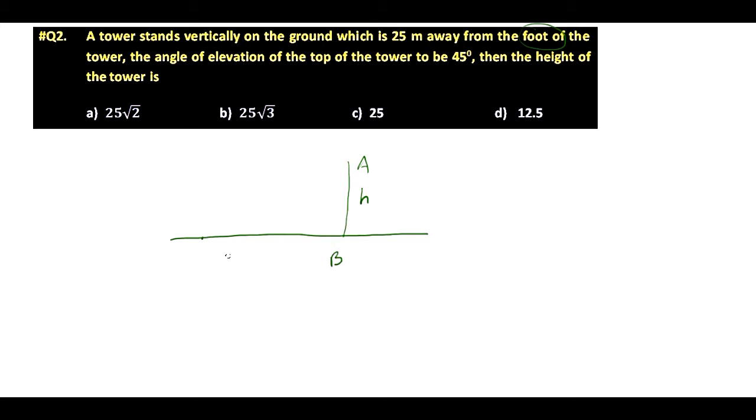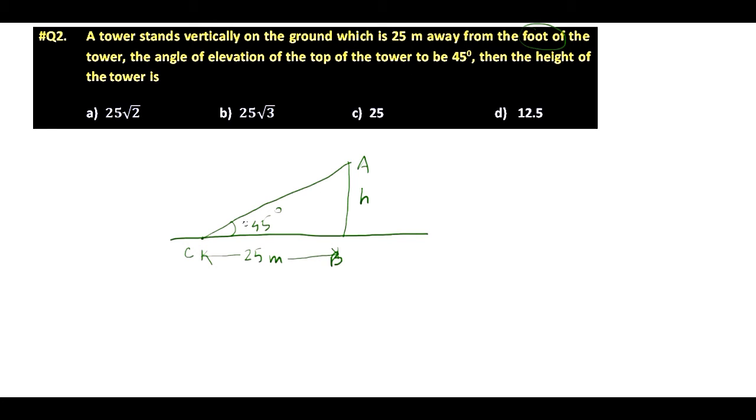There is a point which is at a distance of 25 meter away from the foot of the tower. So from this point, the angle of elevation of the top is given to be 45 degree. This is the question. Somewhere I typed it wrong, sorry for that, but you try to understand this question.